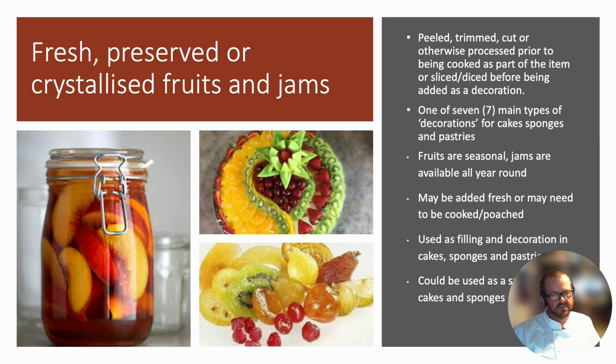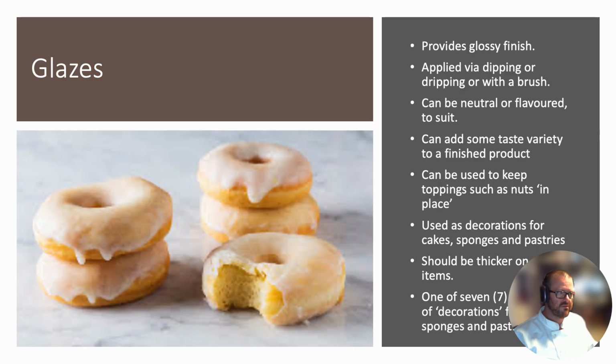Maybe they need to be trimmed or peeled, or they're added fresh. They're certainly used as fillings and decorations. They are one of seven main types of decorations for cakes, sponges, and pastries. That goes towards a couple of questions there, question 5, question 4. Have a look through.